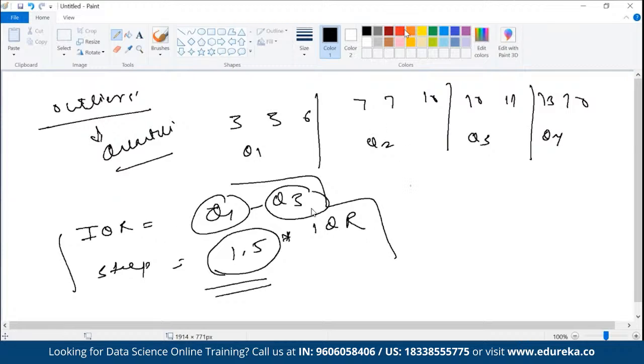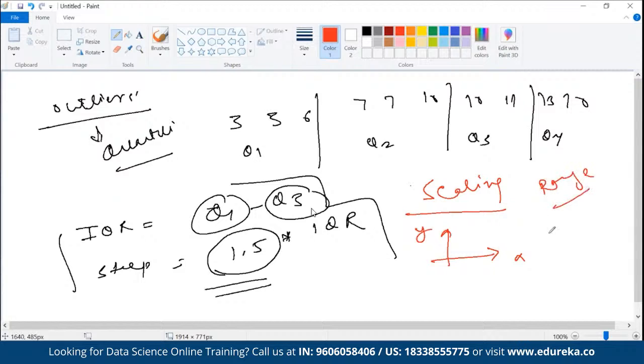Or let's say when it comes to pre-processing, we have the concept of scaling. Let's say you are interested in plotting a graph of x with respect to y, but you see that the range for one is very high. Let's say for the y-axis your range is this much.